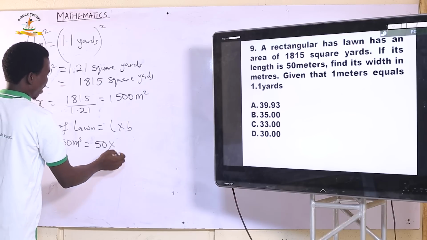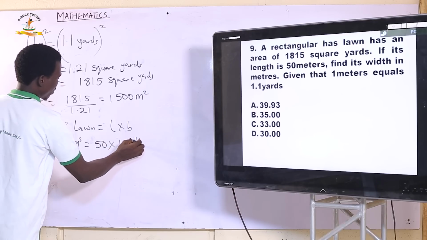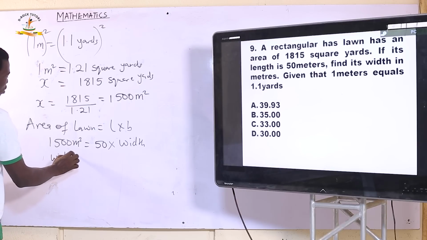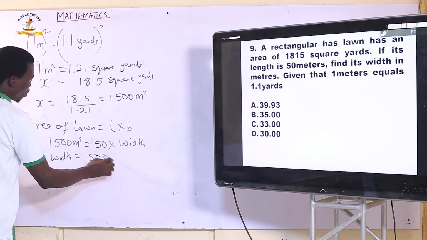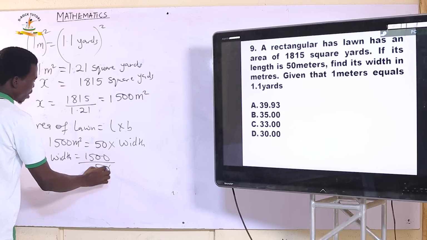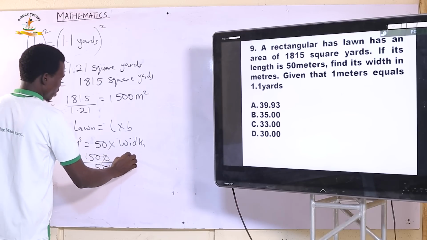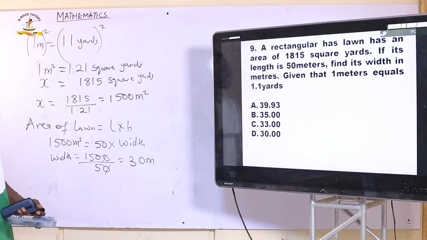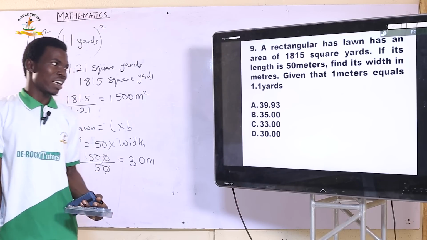The breadth is also known as width. So let me change it to width here. And what do we say? Width is going to be 1500 divided by 50. This is going to be what? 30 meter. So the correct option is option D here.